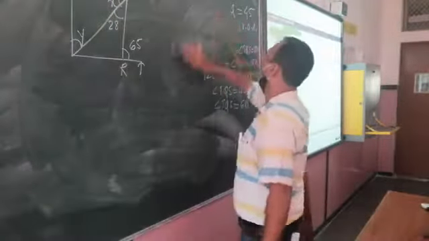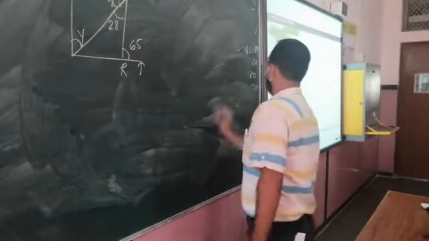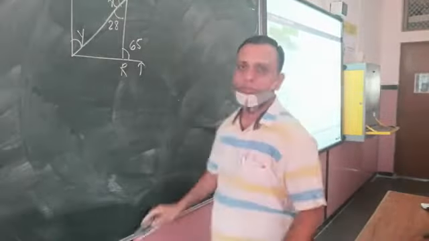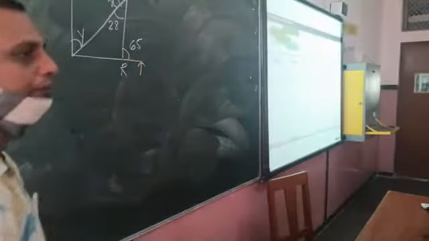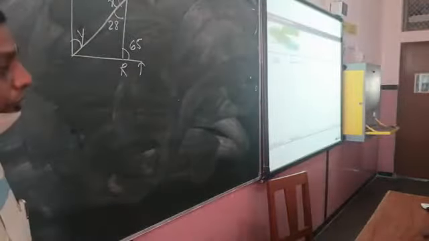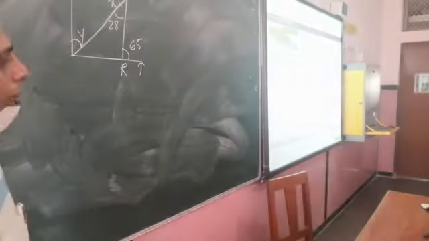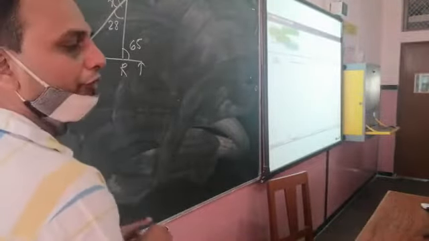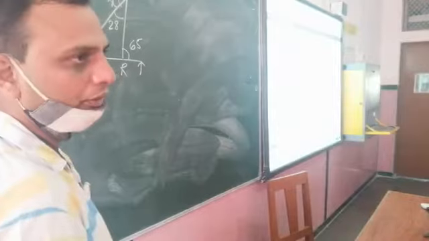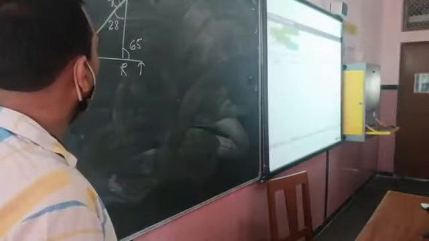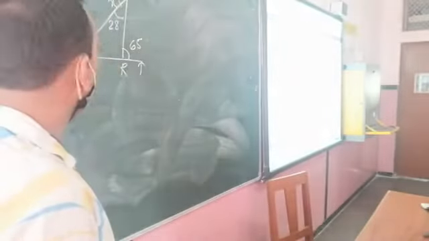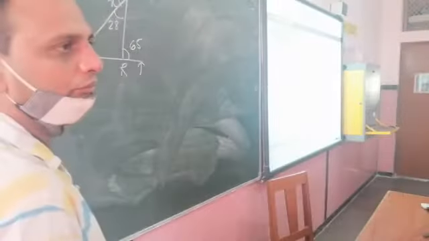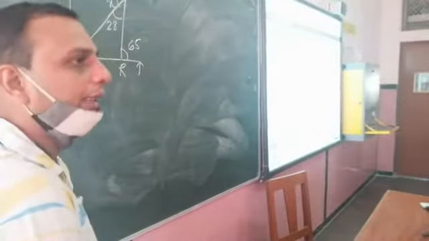Now what will we do? Any idea? This question we can solve with 2-3 methods. Alternate angle, now where will it come? Y equal to 20 is alternate angles.